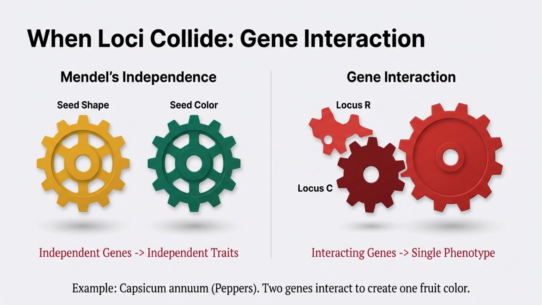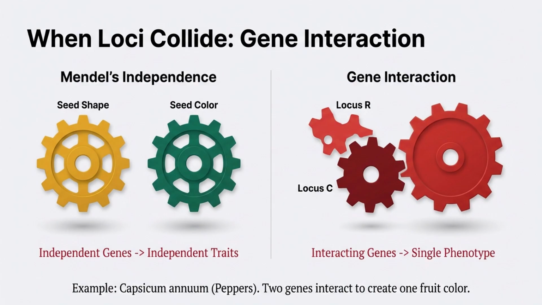Now, let us look at gene interaction. Mendel's seed shape and color were independent traits, whereas in gene interaction, two or more different loci may be involved.